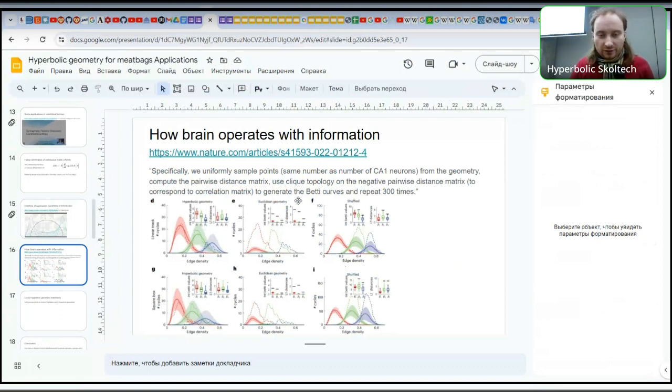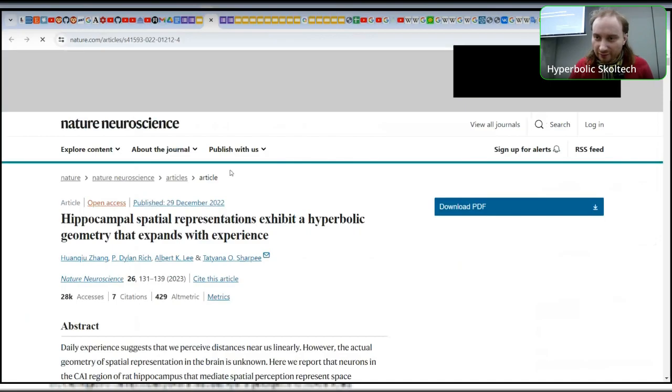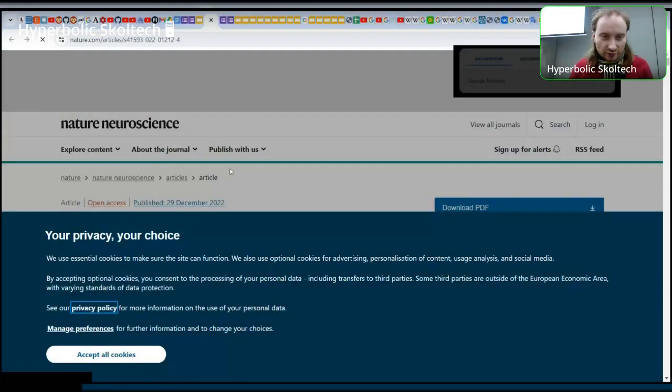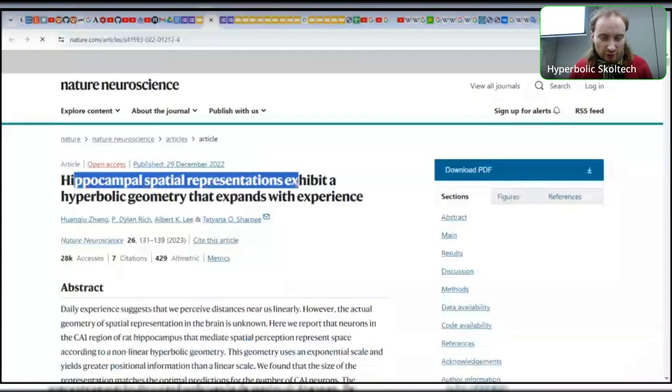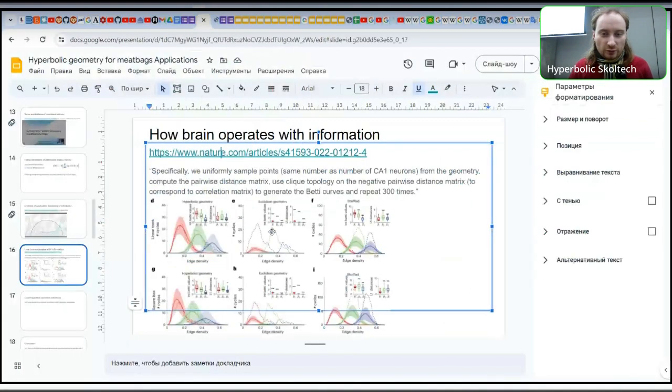Let me show you the title: the brain embeds spatial information in somewhat like a hyperbolic geometry, and how it was found out.